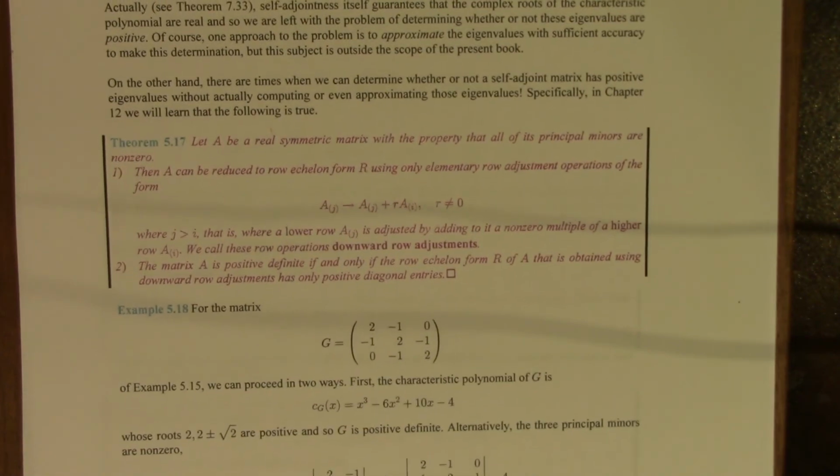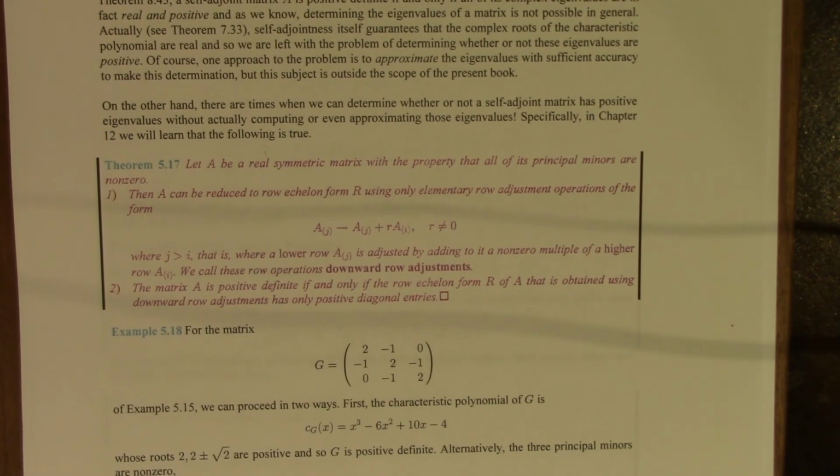On the other hand, there are times when we can determine whether or not a self-adjoint matrix has positive eigenvalues without actually computing or even approximating those eigenvalues. This is a subject that we will cover in chapter 12 of the book. It's one of the topics chapters.